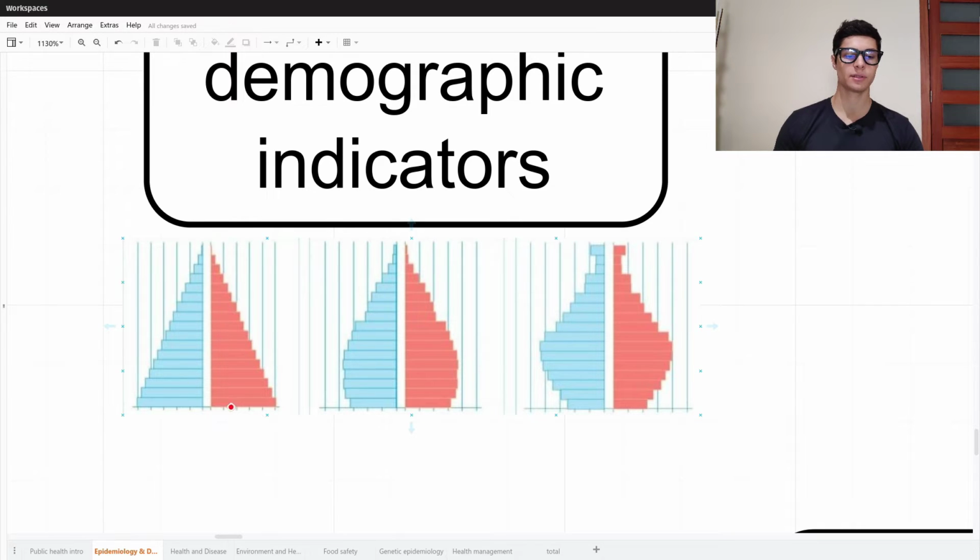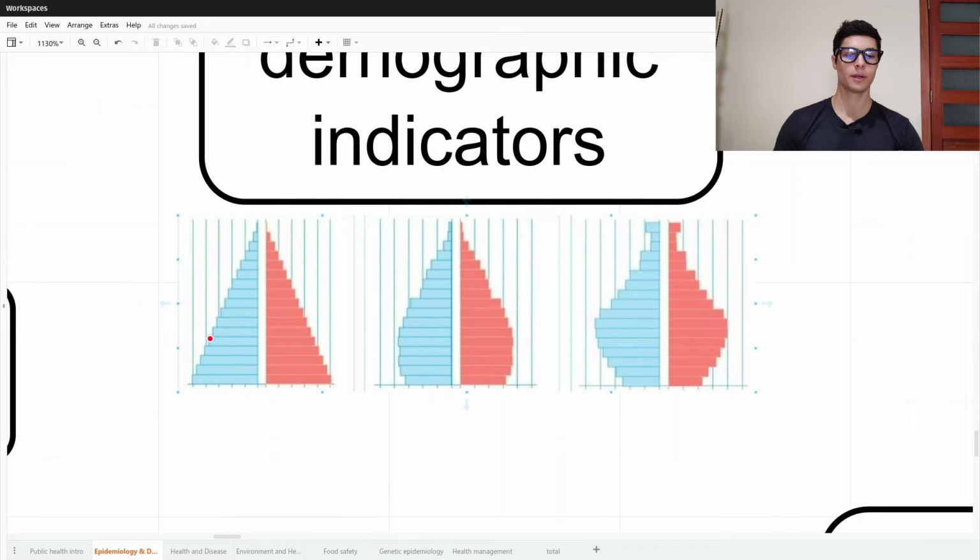The base is from 0 to 5 years old, and then 5 to 10, 10 to 15, and so on. This is a very good pyramid because it means that our society is growing and we have more natality than mortality, so our population growth is going up.